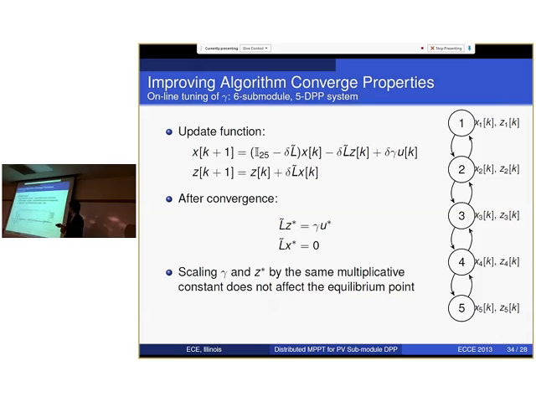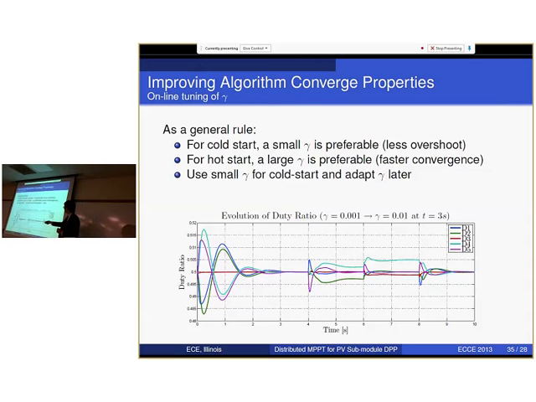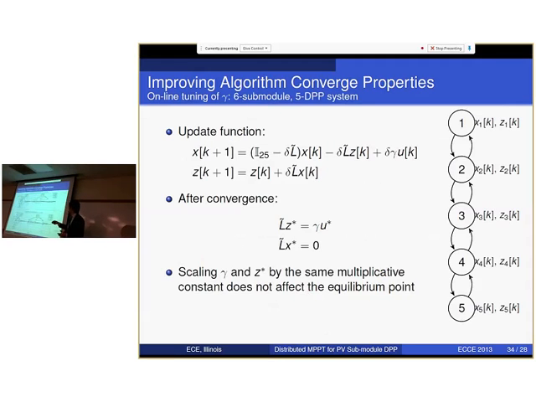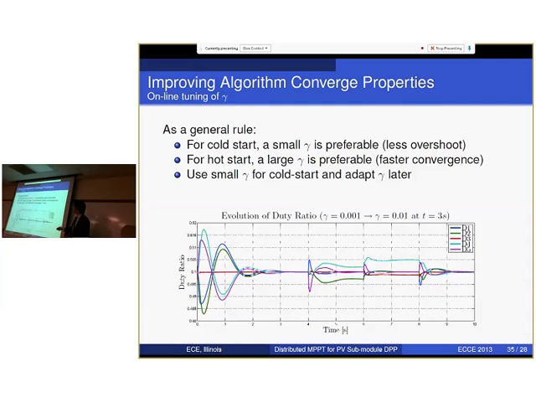They both have their drawbacks, but we can combine them. After a communication failure or a rapid change, we can start with a small gamma to make sure there's no large overshoot. And as the algorithm converges again, we can change to a larger gamma, which makes sure it can respond to changes in isolation much faster. Yeah, I probably answered too much to that question, sorry.